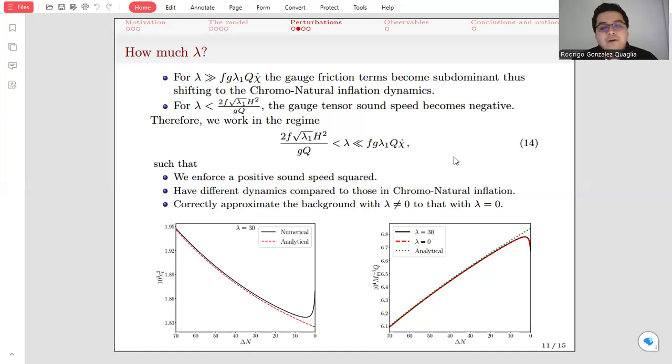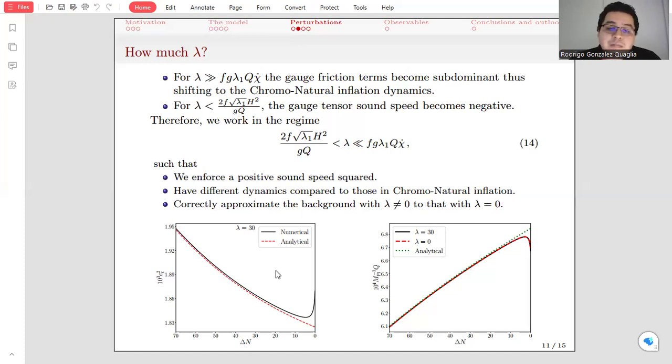Therefore, we have a regime for lambda in which lambda has to be big enough so that we have a positive sound speed squared, and small enough so that its contribution to the background dynamics is subleading compared to the kinetic gauge friction terms. And this is indeed what we see in these two plots.